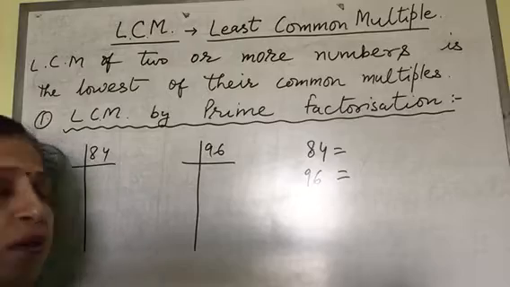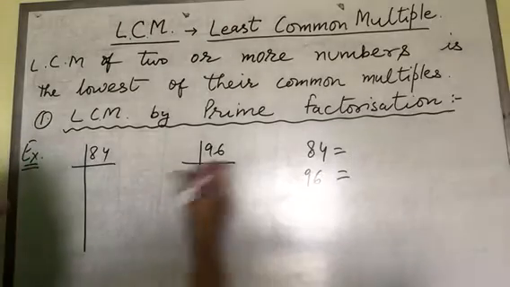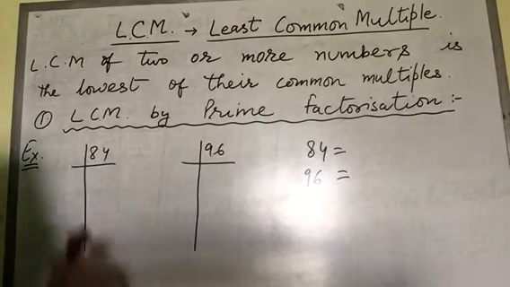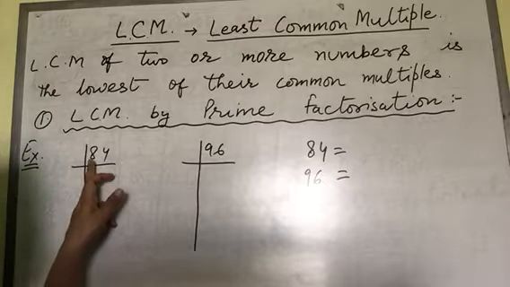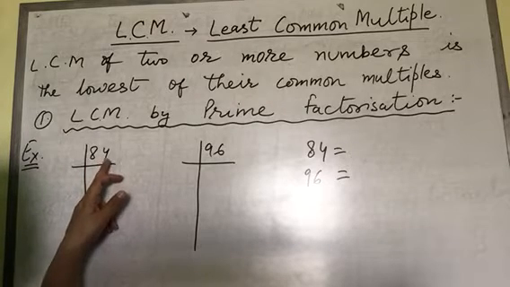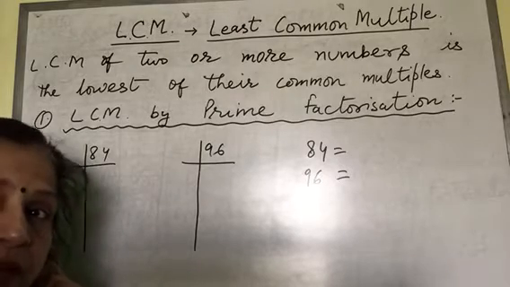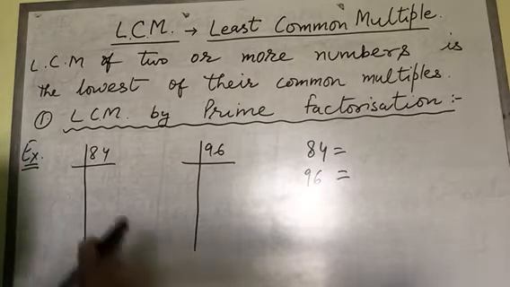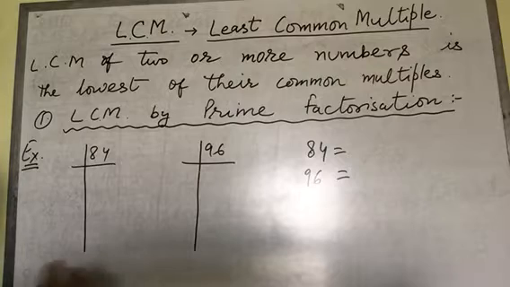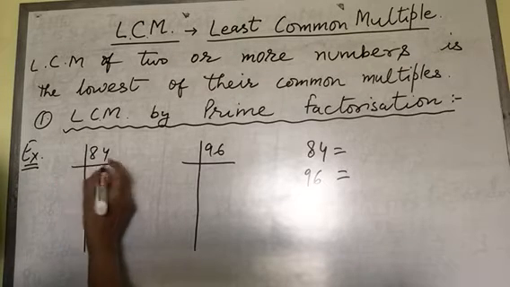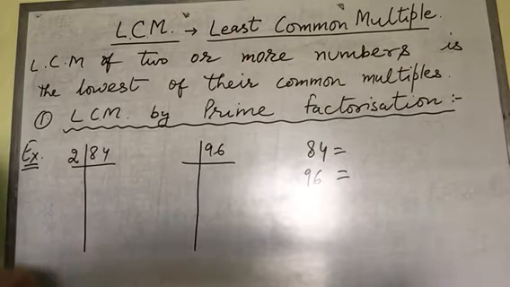So first of all, I find out the prime factorization of 84. As you see, the number is 84, the unit place digit is 4. Therefore, this number is an even number. So I start by dividing by 2.